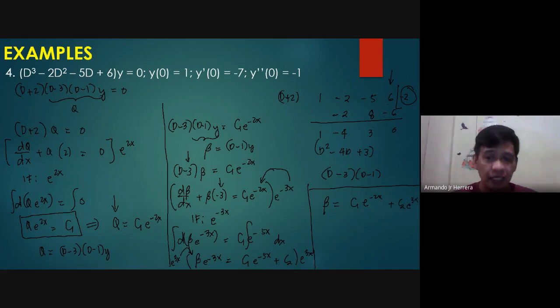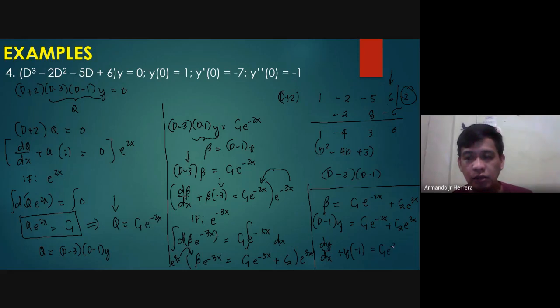But then again, you let beta be equal to (D minus 1)y. So that's (D minus 1)y is c1 e to the negative 2x plus c2 e to the 3x. That's the derivative of y with respect to x minus y, equals c1 e to the minus 2x plus c2 e to the 3x.